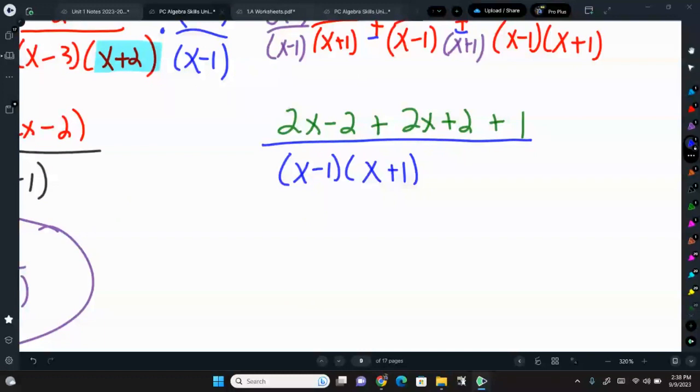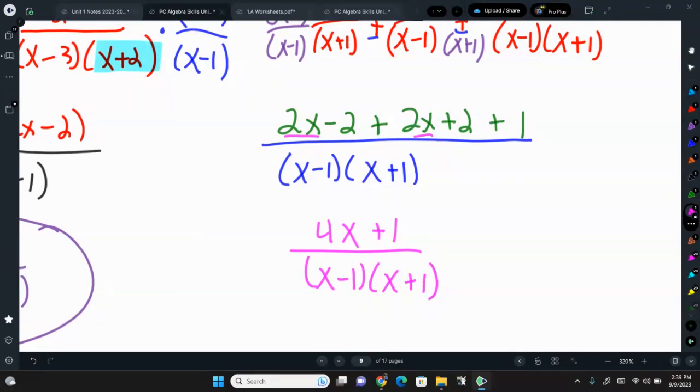So that numerator, we want to combine our like terms. We have 2x plus 2x, so that's 4x. And then we have negative 2 plus 1, which is 1, all over x minus 1 times x plus 1. And again, if we could factor the numerator to cancel something out, we would do that. But in this instance, we cannot do that.